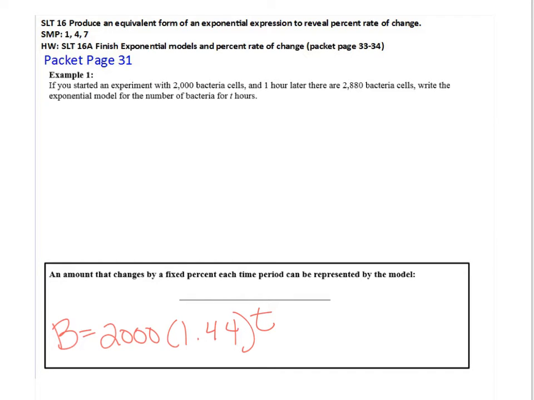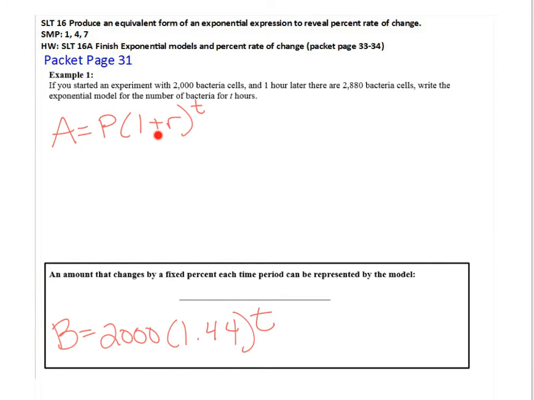Now, when we have an exponential equation with the rate, we can have a standard equation where it's A equals P times 1 plus the percent rate to the time. A is your amount, so that's like my bacteria. P is the initial amount, here the 2,000.